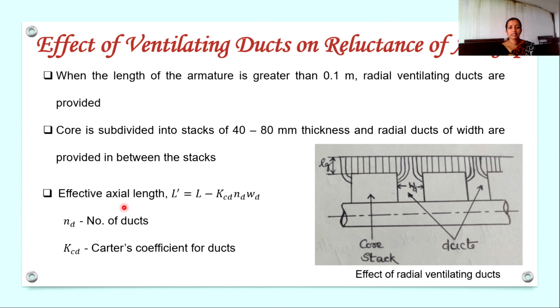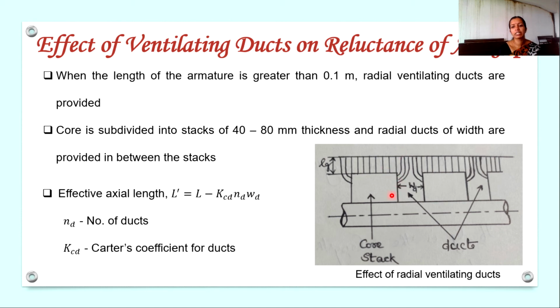So we can write the effective axial length of the machine L dash as equal to total length minus what? Total length minus the total width occupied by the radial ventilating ducts. Total length minus radial ventilating ductinde width nammal minus cheyyuka.